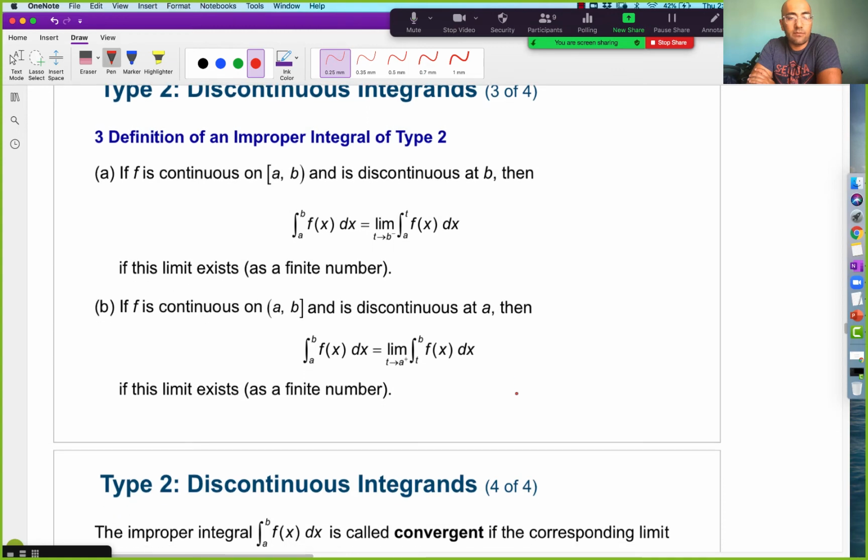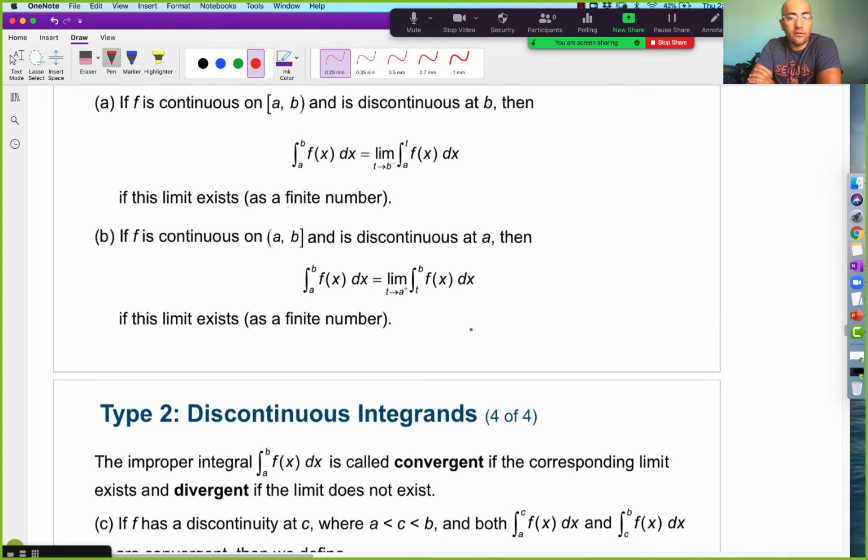Okay, so similar in the other direction. If there is a vertical asymptote at a, then we want to find the integral from a to b of f of x dx. We again replace the variable a by some temporary placeholder variable. t is very popular.